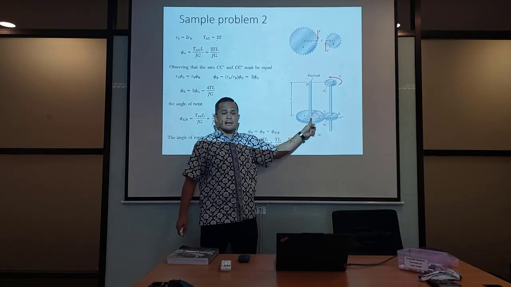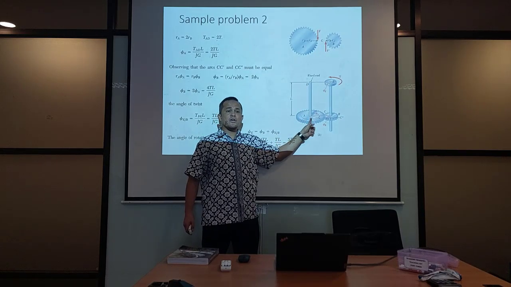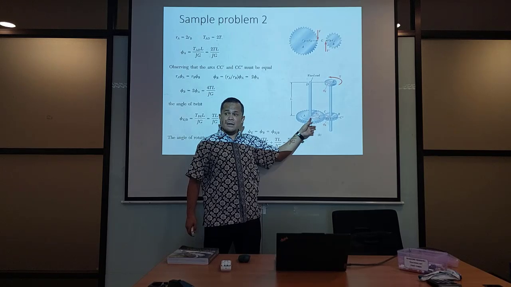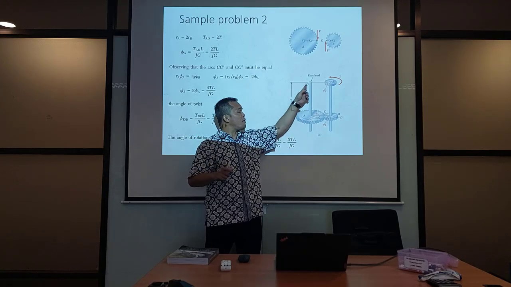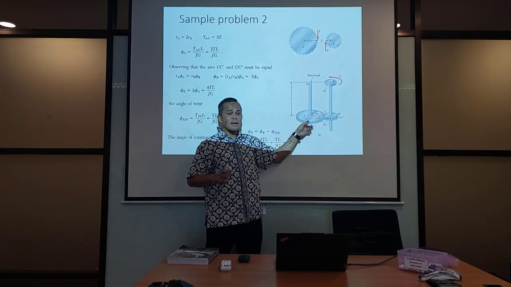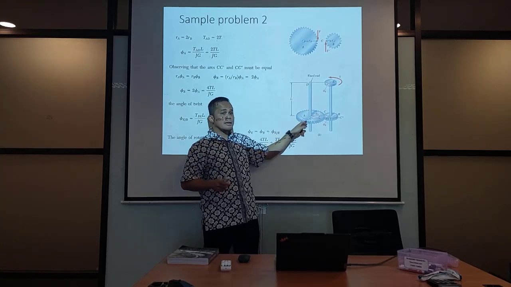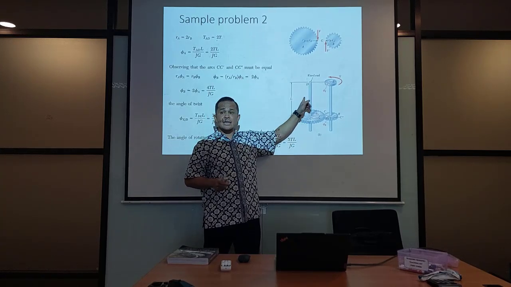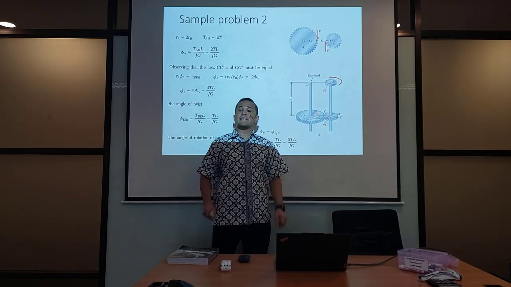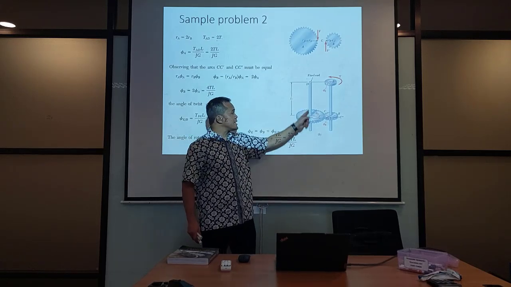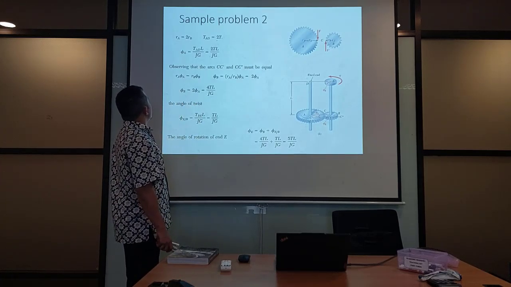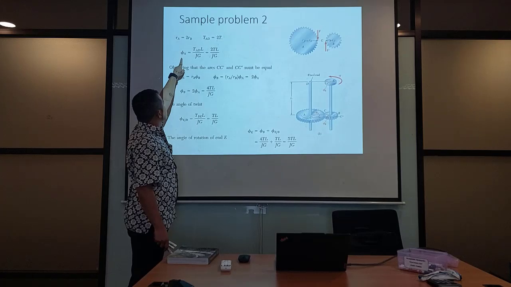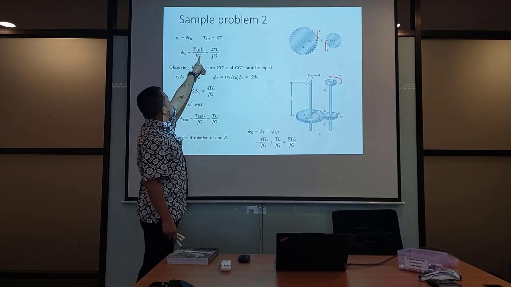From D to A, the rotation angle or the twisting angle is TL over JG. The T you obtain from here to here, by sectioning. The L is this L. The J is the J for this shaft. The G is the material. That is the twisting angle at A. So we call this T_AD L over JG.